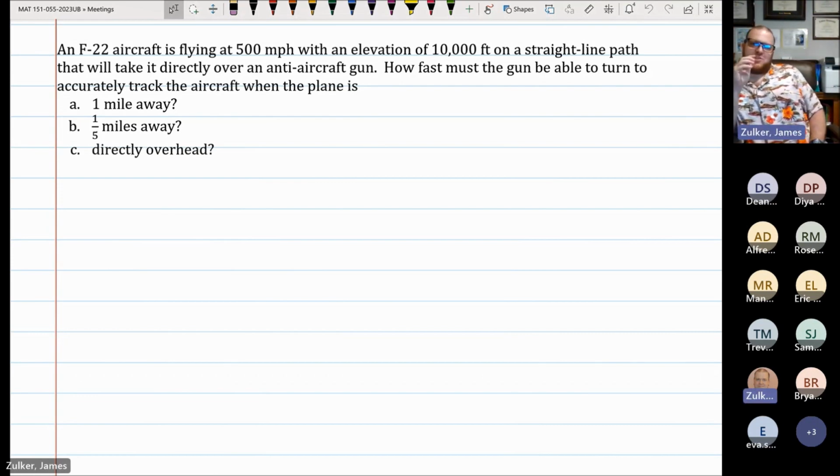How fast must the gun be able to turn to accurately track the aircraft when the plane is a mile away, a fifth of a mile away, and then directly overhead?